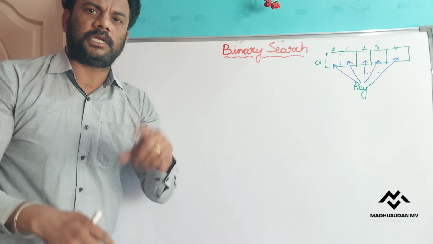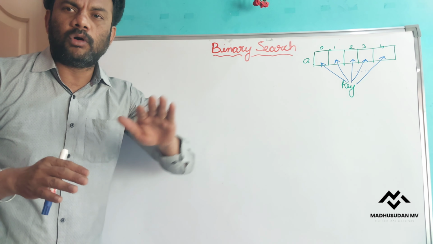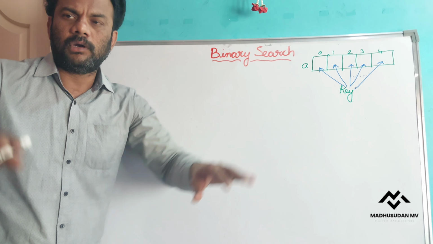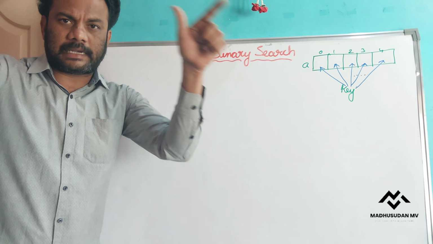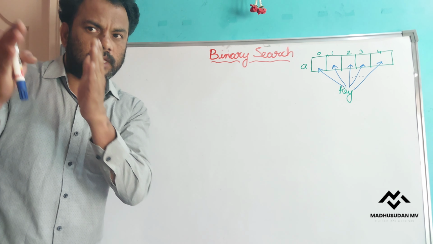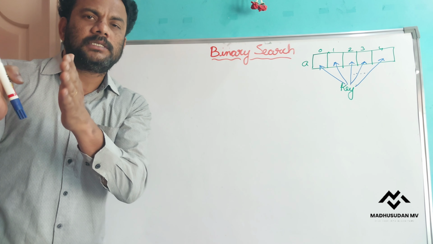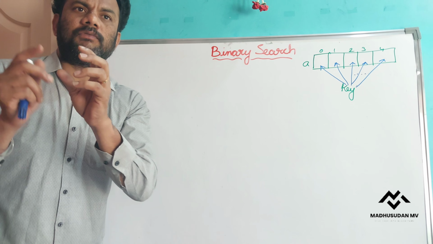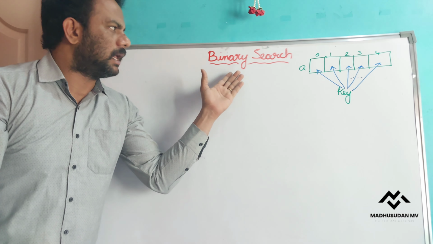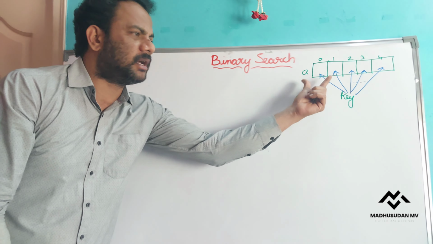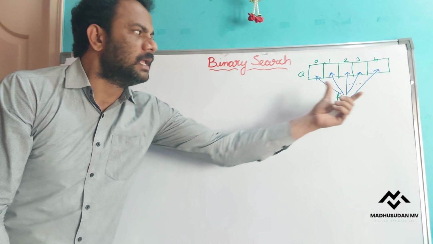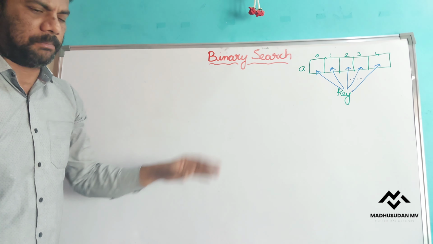If I want to search for a boy student, I need not look at the girls' side, only at the boys' side. That means instead of checking the entire classroom, I now need to check only half of the classroom. This is how it is efficient when the elements are sorted. The same technique applies in binary search: it will search either in the first half or in the second half. We will see that with an example.